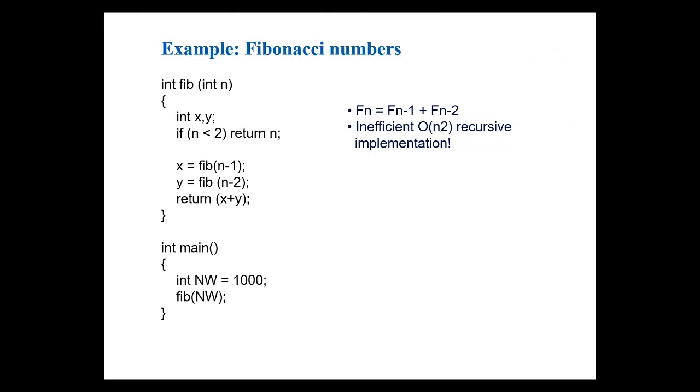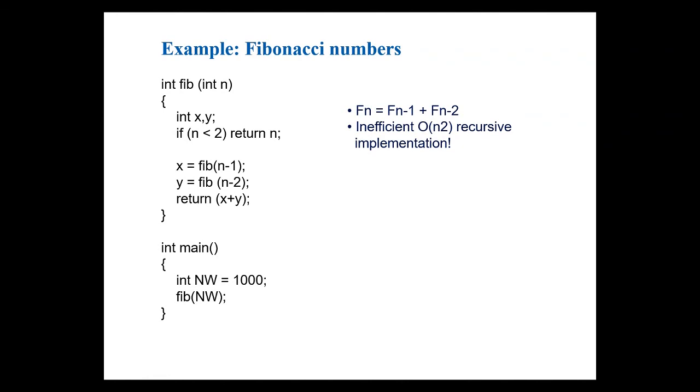For example, the simple Fibonacci numbers. The function basically calls itself, and the main code calls itself. There's no loop structure here. So this type of recursive application could not be done in OpenMP before.